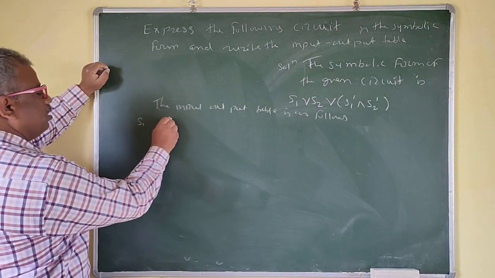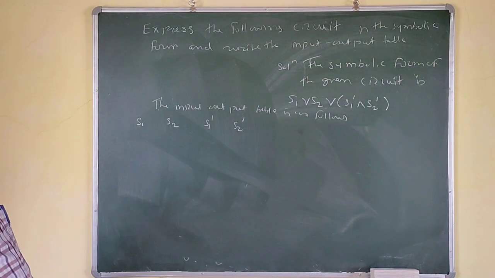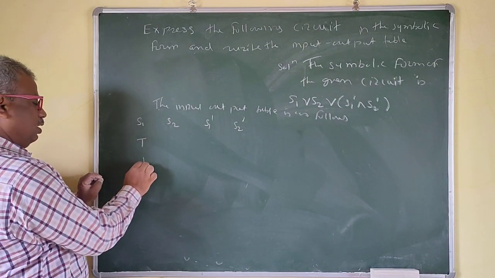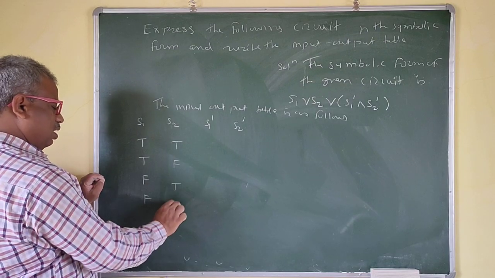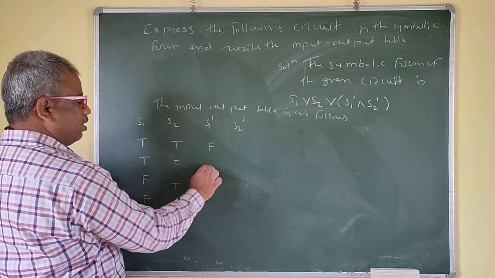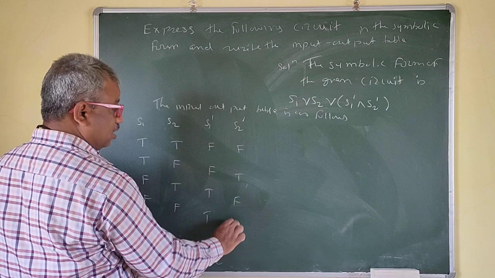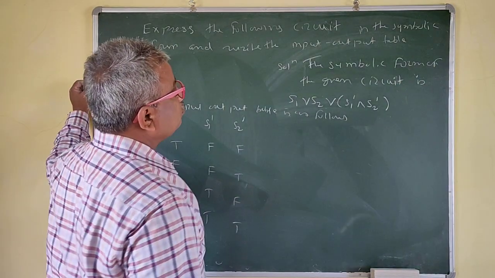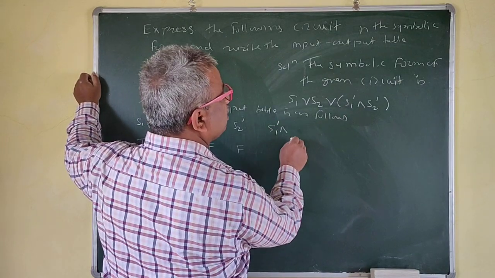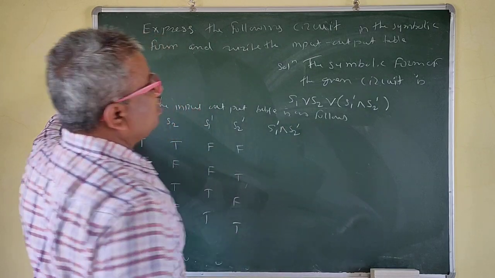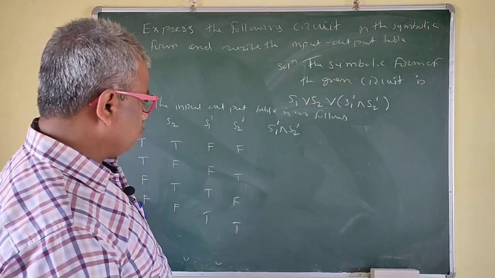Okay, so write S1, S2, S1 dash you want, S2 dash also you want. S1 means T, T, F, F, and S2 is T, F, T, F. So you have F, F, T, T, and F, T, F, T. Now see what you want. First we will find S1 complement intersection S2 complement, that means negation of S1 and negation of S2.